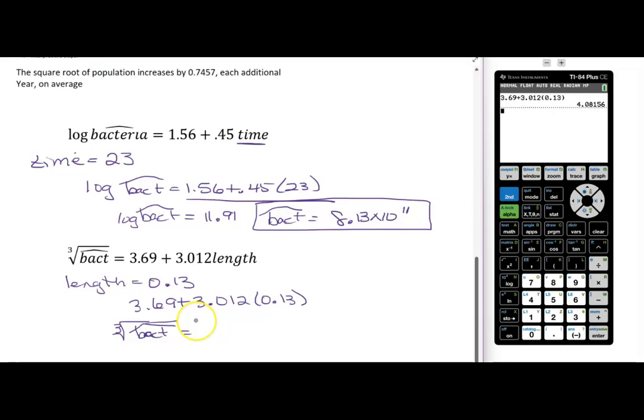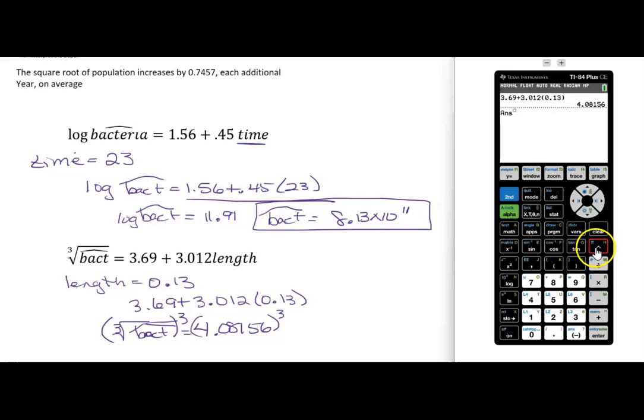And so I get 4.08156. And now I have to get rid of a third root. Well, up above we got rid of a square root by squaring. So to get rid of a third root, we're going to go to the third. That one's not the inverse you have to know what that one is. So to get rid of a third root, you third it. And so then I just bring this to, that's my caret key, to the third.